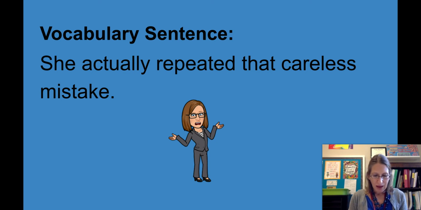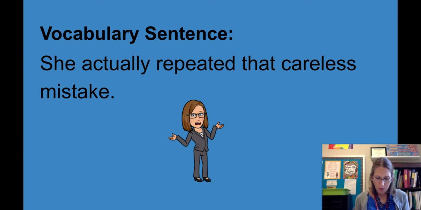Okay. And careless is the opposite of careful. So if you do something in a careless way, it's like you didn't put any care into it. You didn't do it carefully. She actually repeated that careless mistake. Can you believe it?